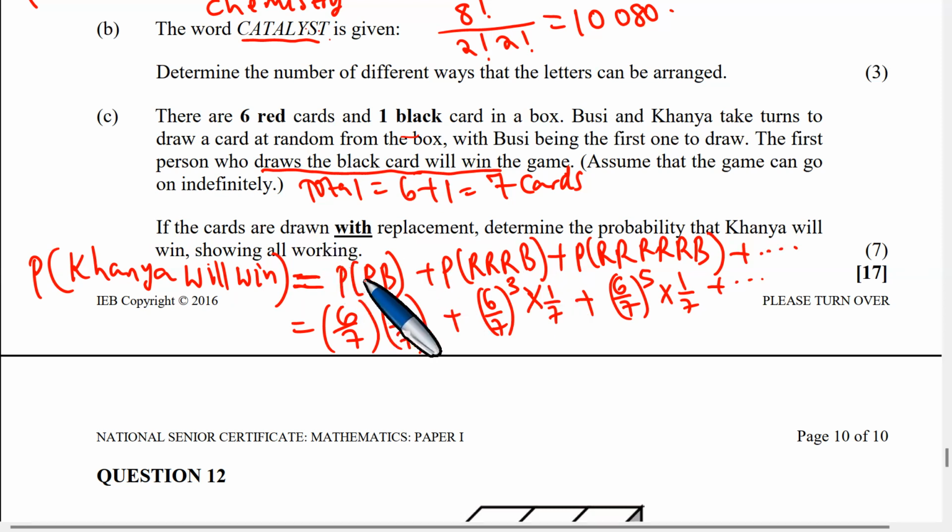Because in the first draw, you would have red or black.